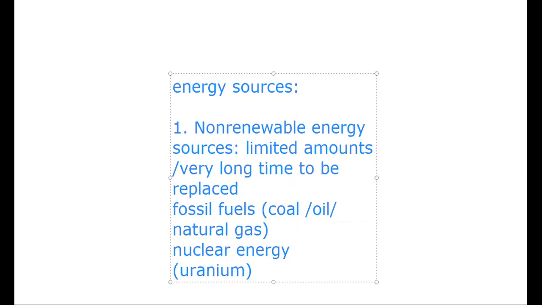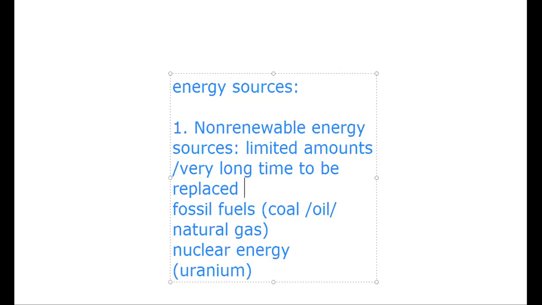This is everything about non-renewable energy sources. They are limited. If we used all of them, we have to wait millions of years for these resources to form again.